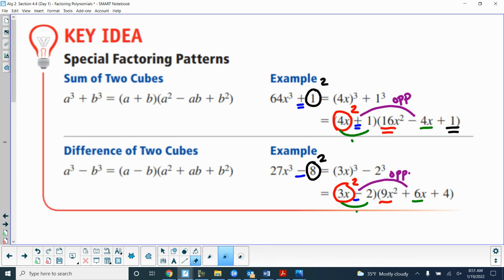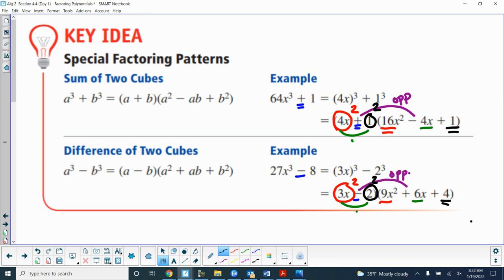I circled the wrong one for both. My bad. You circle the binomial, like I did here with the 4. I made a mistake. All right. You take this one and square it to get that one. And you take this 2 and square it to get that. Okay, that's how it always works.